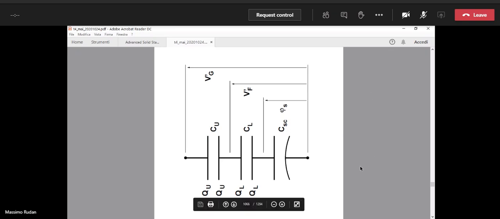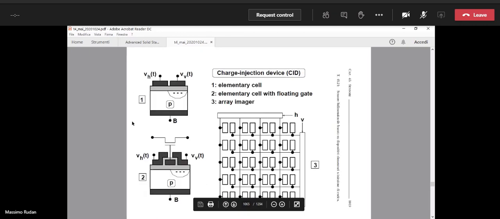Okay, so the upper capacitor is the one between the upper gate and the floating gate.